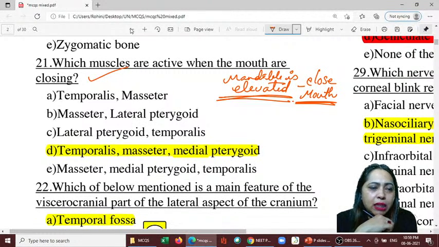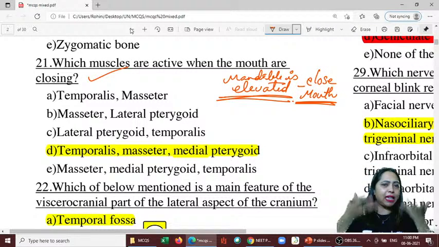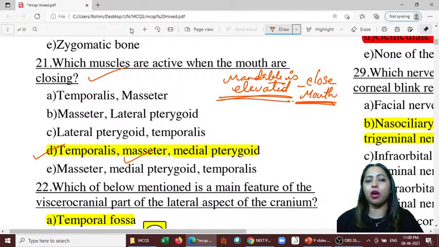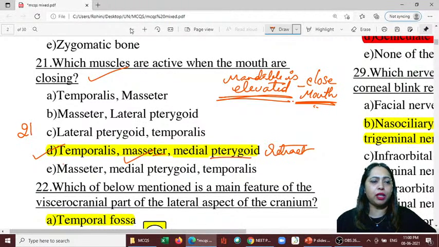Which muscles are active? The ones which elevate the mandible. So temporalis will elevate, masseter will elevate, and whenever you elevate, you also have to retract. So this will do retraction. This will also do retraction. So these are the set of muscles which are active to close your mouth. So this is the answer 21D.